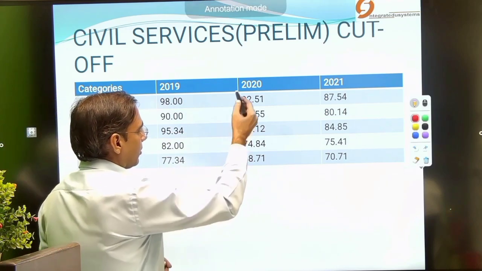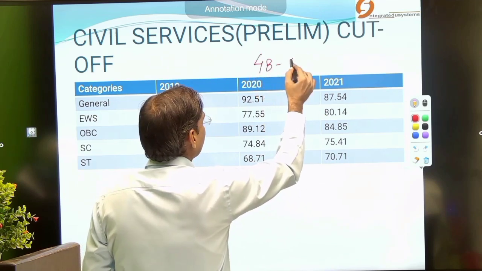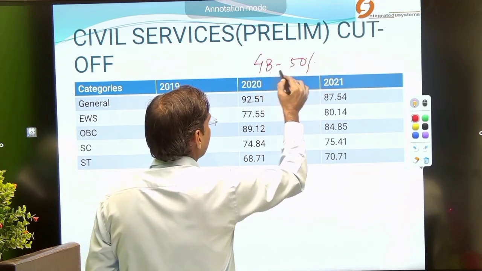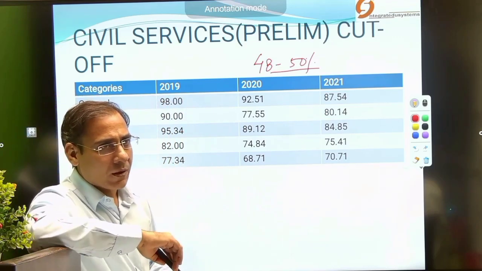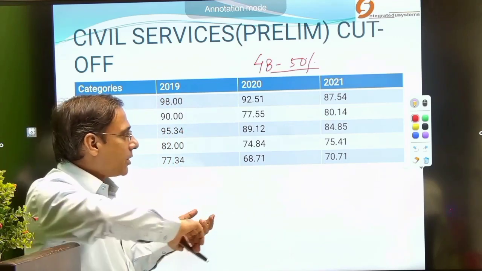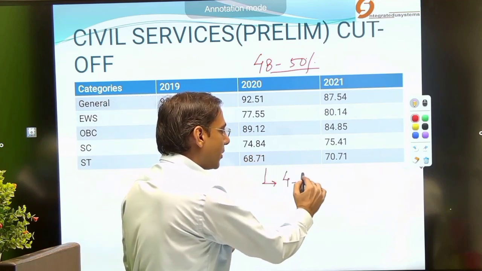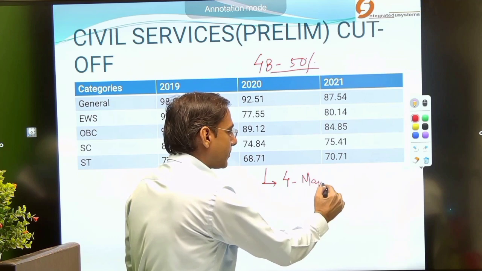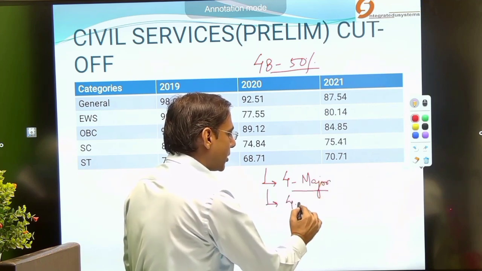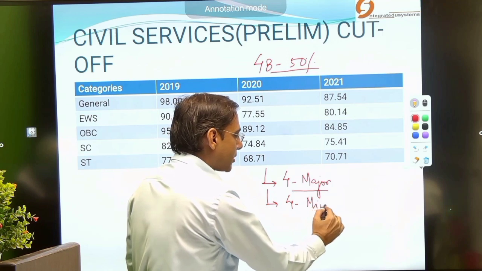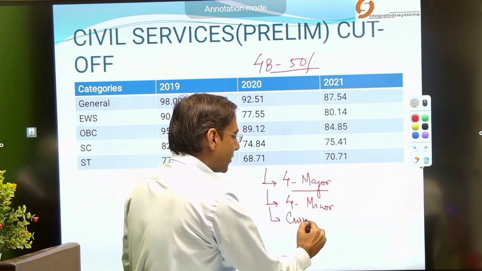So a candidate who achieved between 48 to 50% marks in the recent past clears prelims easily. And what is the mantra to crack? Command over 4 major subjects. Make your average preparation over 4 minor subjects, and balance your current affairs.